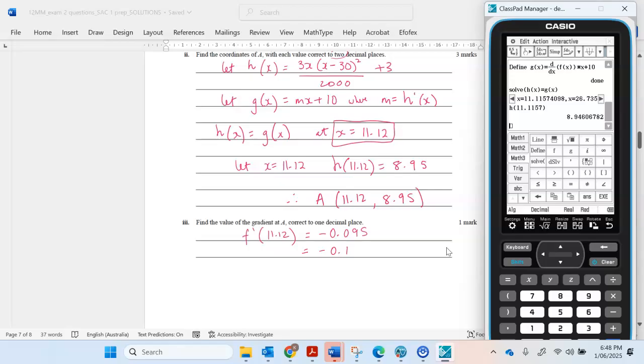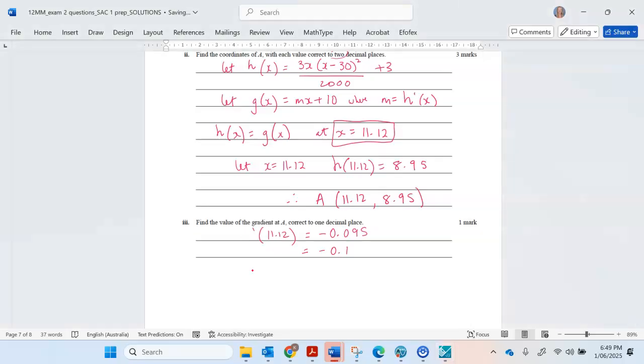All right, find the value of the gradient at A correct to 1 decimal place. So let's just change that from F, although the gradient of F is the same as the gradient of H, which is the same as the gradient of G at that point.